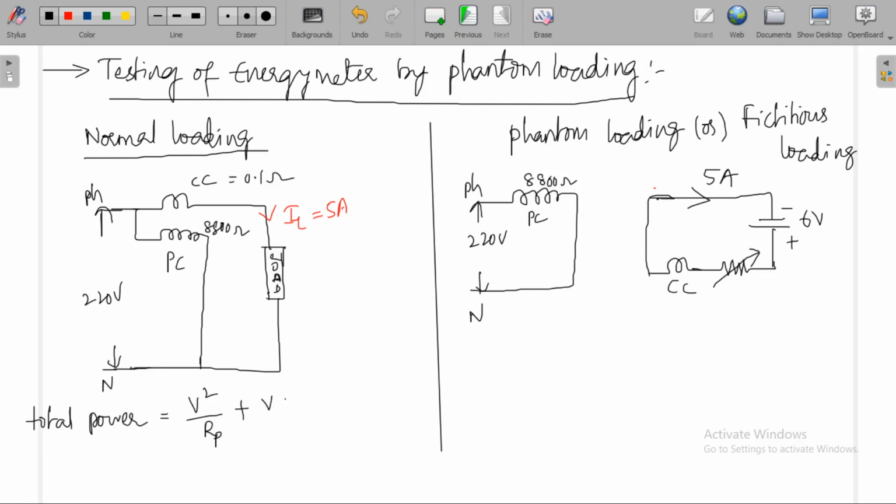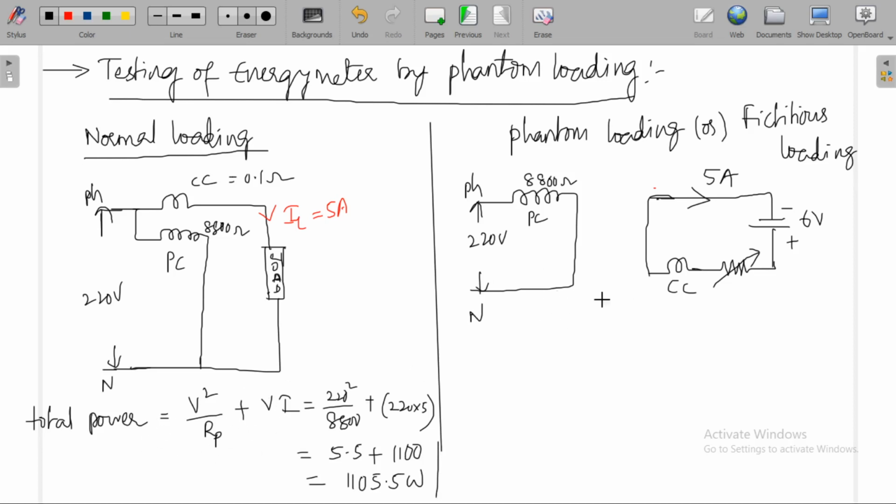V square by Rp means 220 square by 8800, plus V into I, 220 into 5. Then we get 5.5 plus 1100, which is 1105.5 watts.